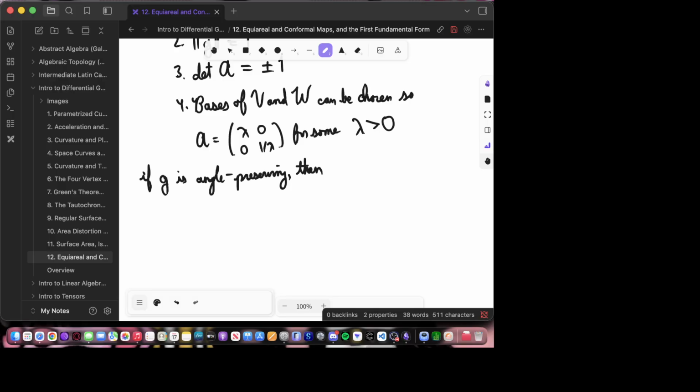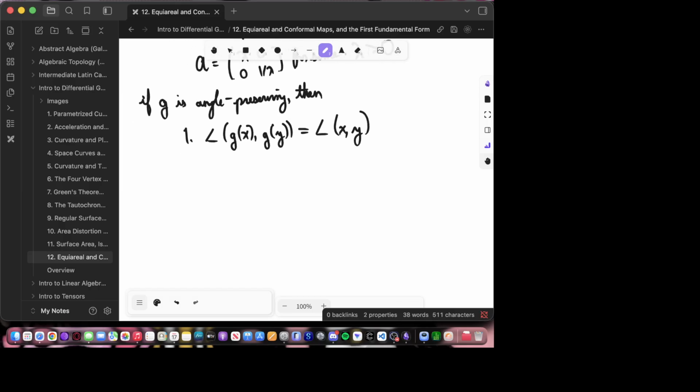Now, if G is angle preserving, then the angle between G of x and G of y, those vectors, is going to be equal to the angle between x and y.